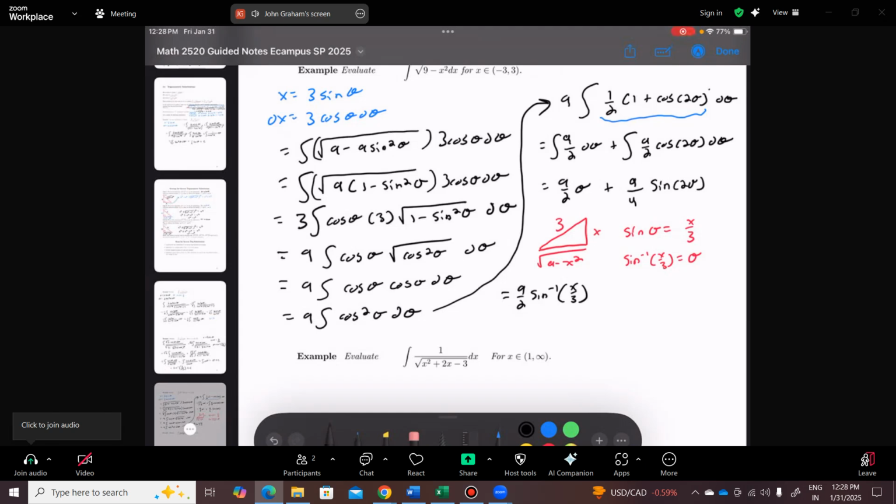Then we gotta do the next part. Do it like this. So 9/4 sine of 2 times inverse sine of x over 3.